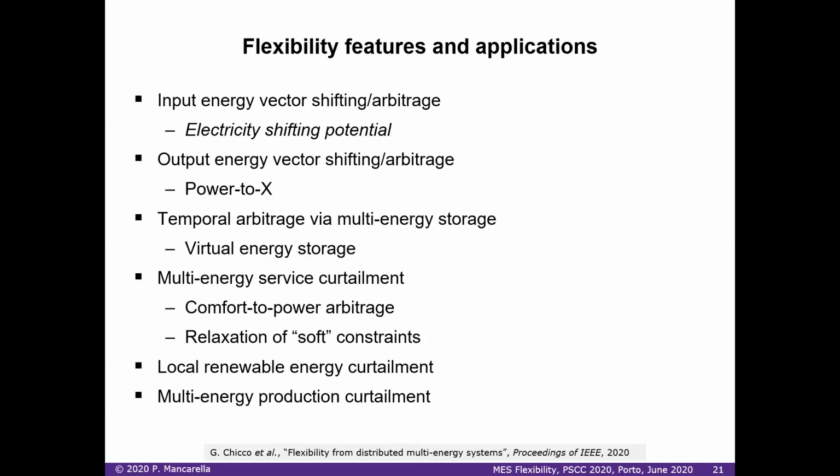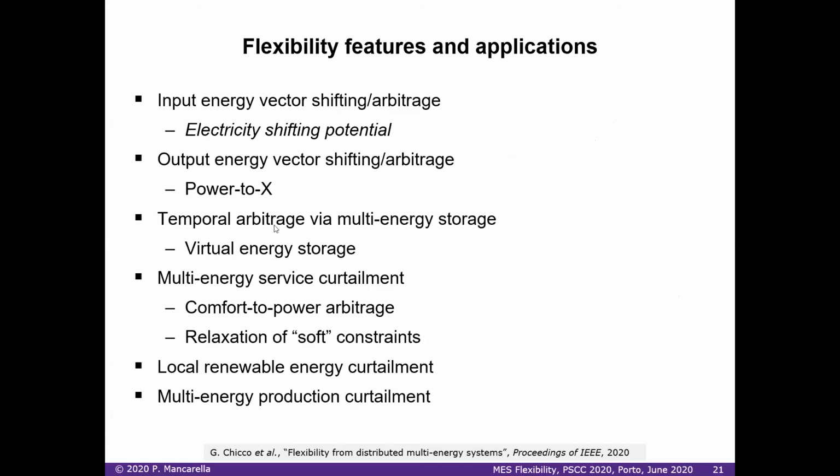Because effectively there are many potential flexibility features that we could consider, particularly looking at input energy vector shifting arbitrage. So this is the electricity shifting potential. We also have output energy vector shifting arbitrage, this so-called power to X. Then we have temporal arbitrage by multi-energy storage.